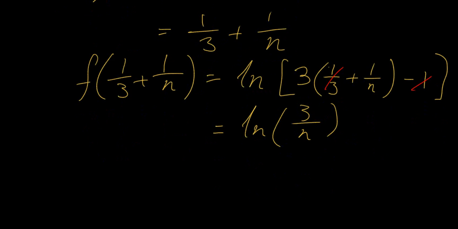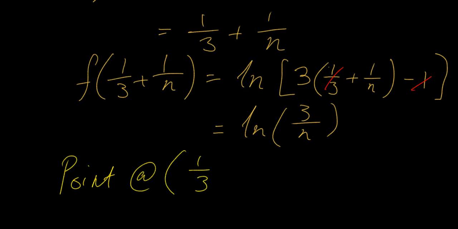So you've got your x coordinate, you've got your y coordinate. The point is going to be at 1/3 plus 1 on n, comma, natural log of 3 on n.